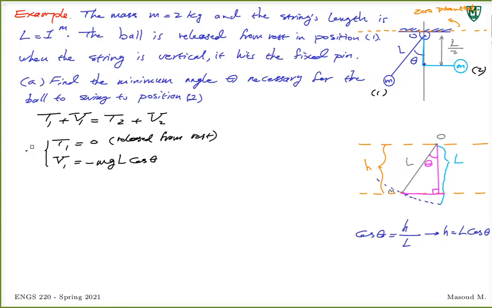Let me put it this way. This is 1. Now at 2, let's see what happens. What's happening at 2? At 2, we want the minimum angle theta necessary for the ball to swing to position 2. The minimum is the key there. If it just told you to find some angle theta, it could be anything.